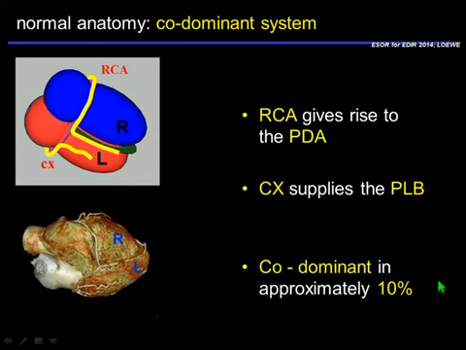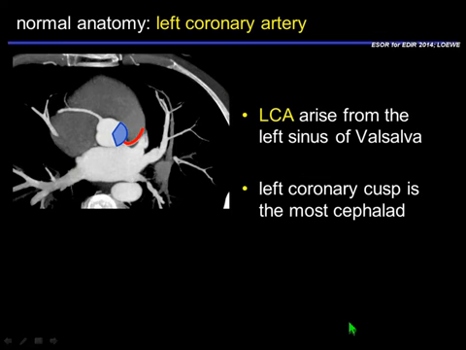If we have shared support, meaning the RCA gives rise to the PDA but the circ gives rise to the posterolateral branch, then it's called a co-dominant system, which can be found in the last 10% of the normal population. So the right dominant system is the most frequently seen supporting type.